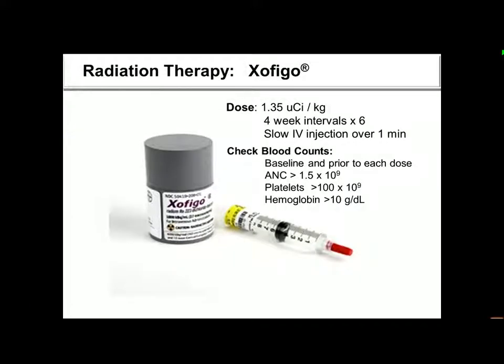It's being dosed by package insert at about 1.35 microcurie per kilogram, and it's a 6 injection series. So again, I know that now that it is approved, they've upped the dose. I believe they're doing clinical trials at about 2.7, I think it is, microcuries per kilogram. They're doing clinical trials in women as well, looking at bone lesions from breast cancer.